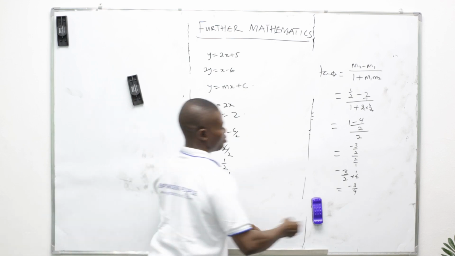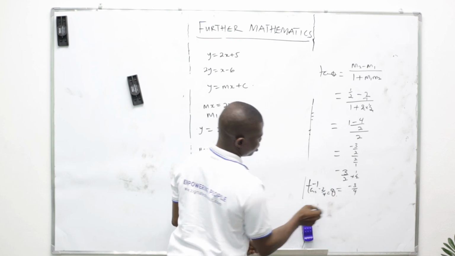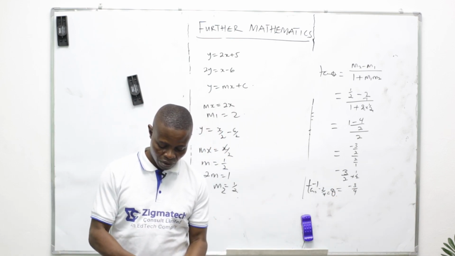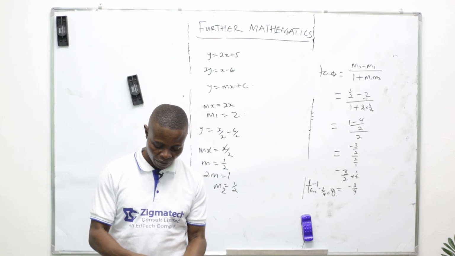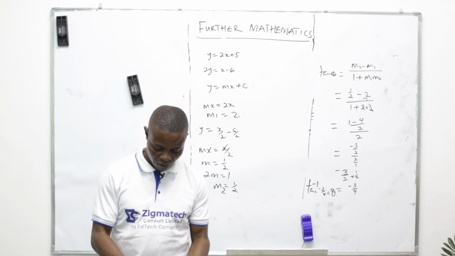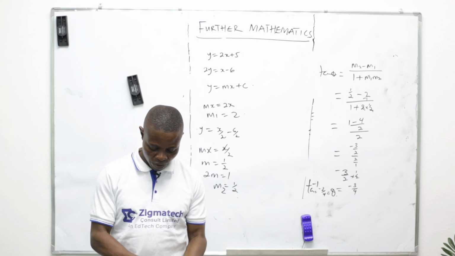So that tan inverse of minus 3 over 4 equals theta, that is the angle we are looking for. Tan inverse of this, 3 over 4, shift tan minus 0.75.